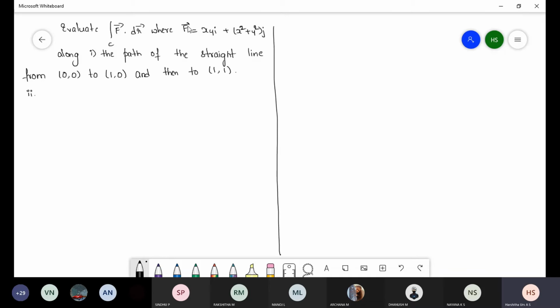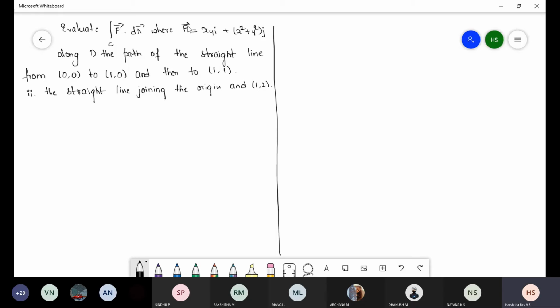And the second one, the straight line joining the origin, that is 0, 0, and 1, 2.